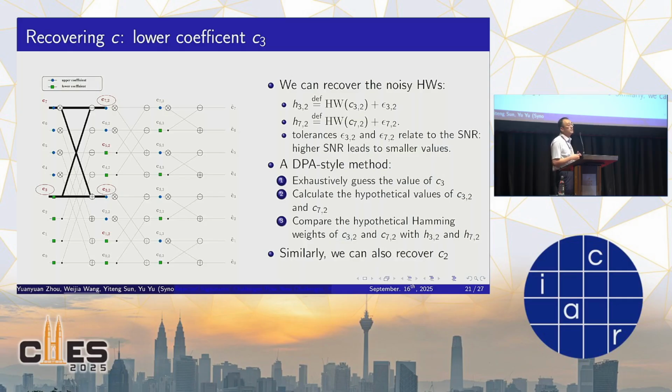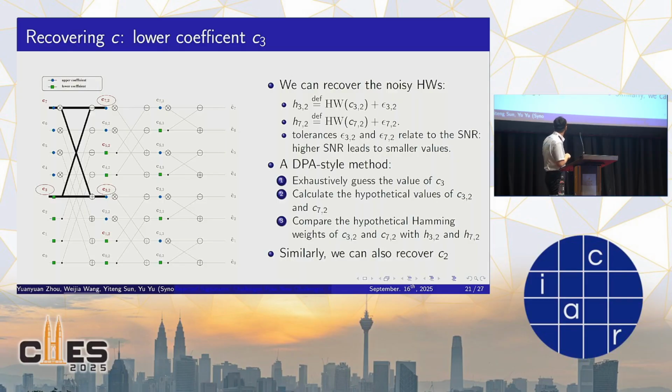Then we can use a DPA-style method. First, we exhaustively guess the value of c3 and calculate the hypothetical values of c3^2 and c7^2. Then we compare the hypothetical Hamming weights of these two coefficients with H32 and H72. The high similarity output from the computation hints at the correct guess of the value of c3.